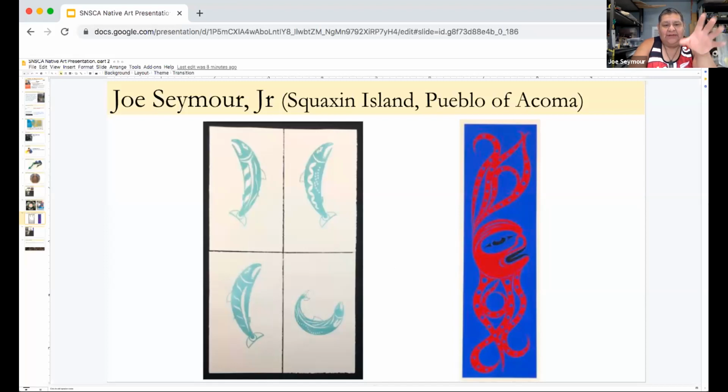The three salmon represent swimming up the Deschutes River here in Olympia, and the bottom one is waiting her turn for the conditions to be right so she can make her run up the river. These salmon represent really the only species of salmon to run up the Deschutes River here in Olympia, which is the Chinook salmon. So these are representations of the ancestors of that particular body of water.